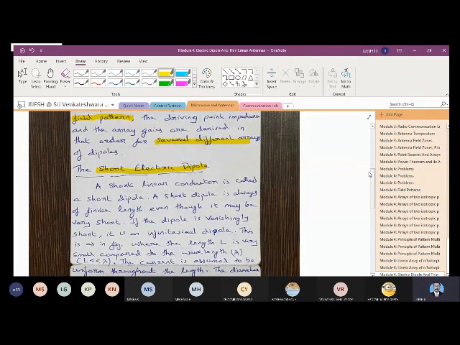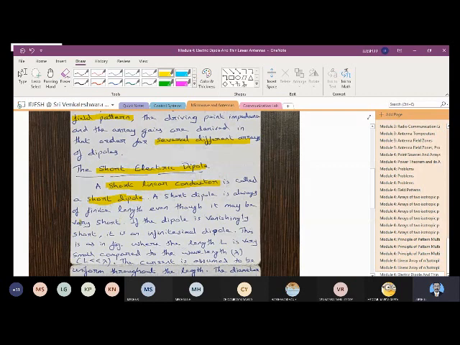So we are going to see what a short electric dipole is. A short linear conductor is called a short electric dipole. From the name itself, it is very clear. A short linear conductor is called a short dipole, and the short dipole is always of finite length, even though it may be very short.